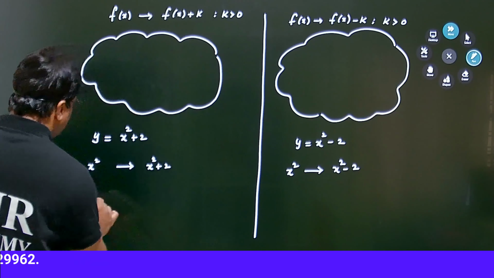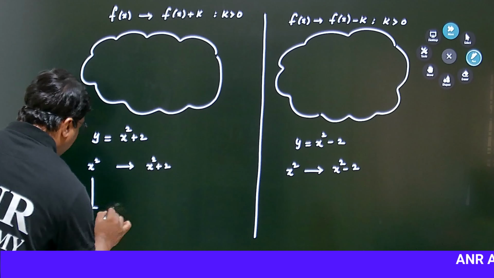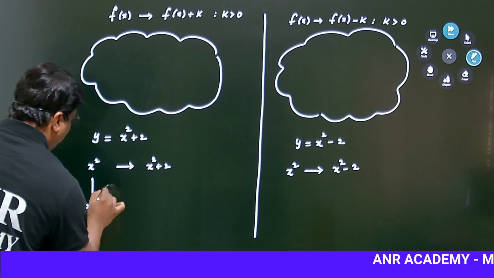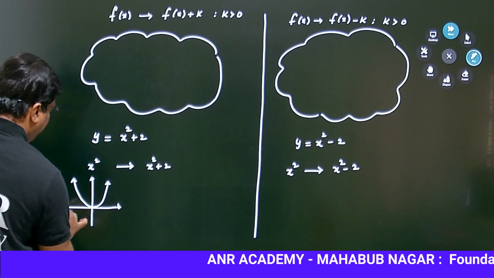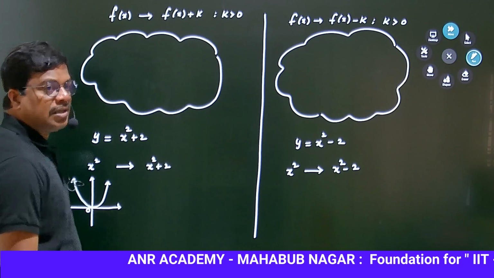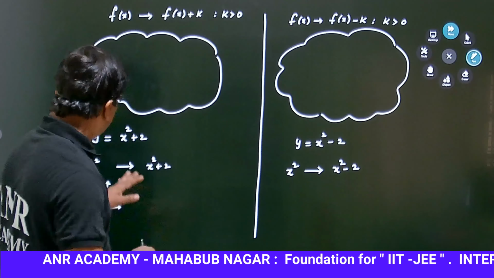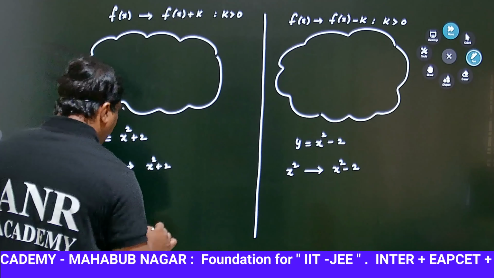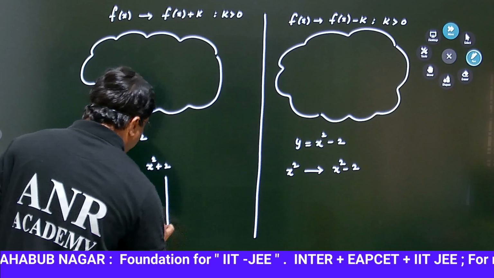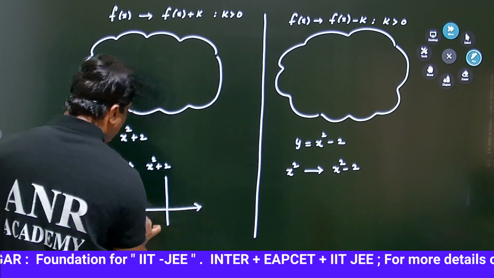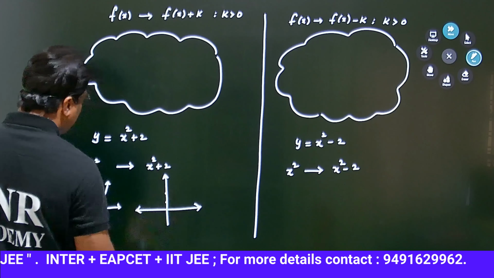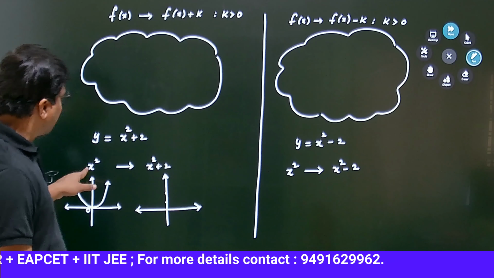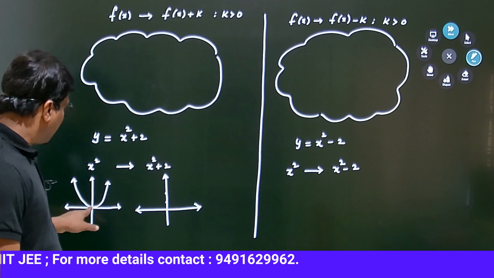You know that the graph of x square is a parabola, U shape, passing through the origin. This is the graph, right? Yes. Now to draw the graph of x square plus 2, just shift the graph 2 units in the upward direction. Why? Because by substituting x value 0, 0 square becomes 0.